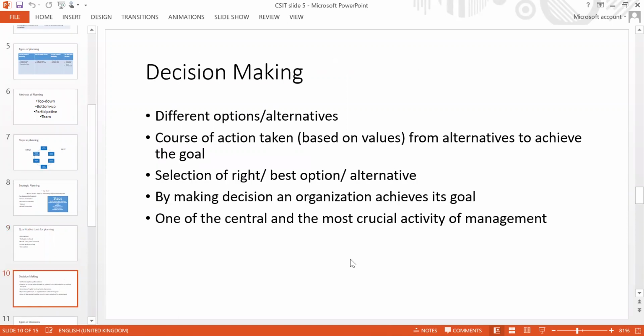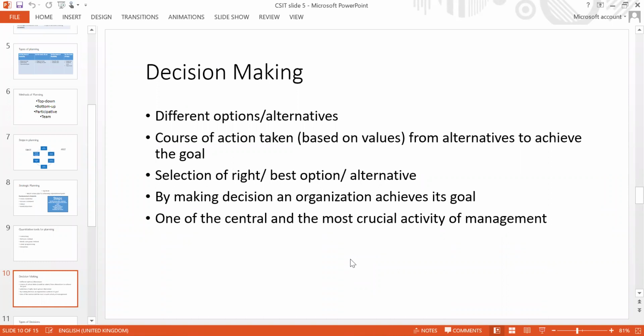Okay, so the next one is decision making. Another important function that you have to perform in an organization is making decisions. Decision making is, whenever you have alternatives or options, you have to choose one option over the other. That activity of choosing from the alternatives that you have is called decision making.